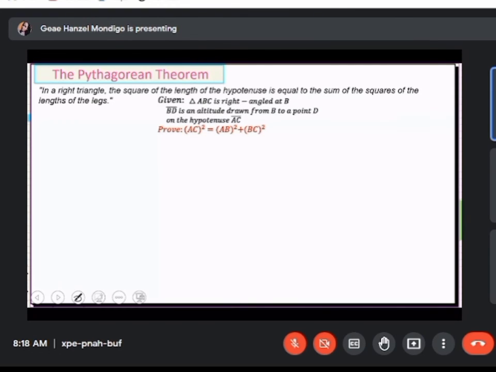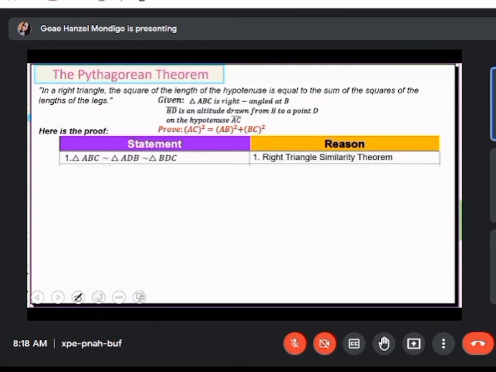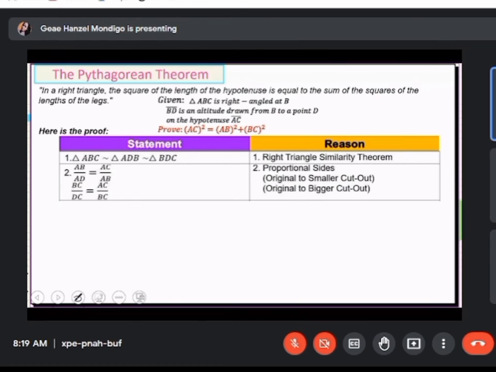So we have the statement. The triangle ABC is similar to triangle ADB, similar to triangle BDC. That was according to the right triangle similarity theorem. Now the second one is AB over AD is equal to AC over AB. Then BC over DC is equal to AC over BC.